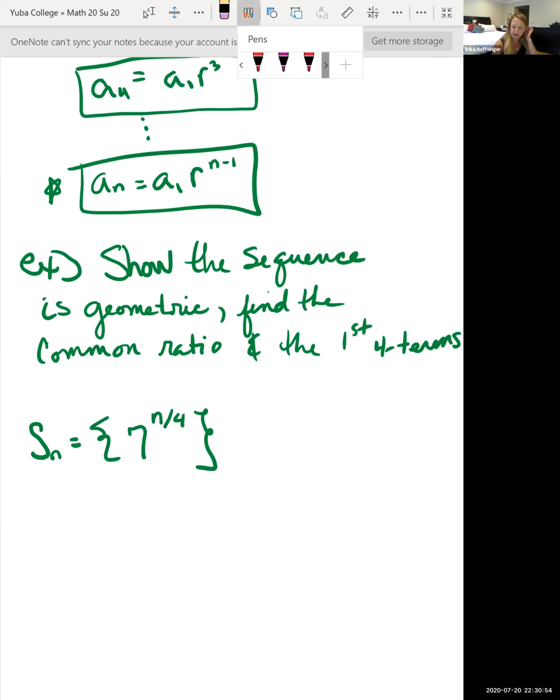Okay, so we want to look at what it means, again, to be geometric. It's geometric if we divide a term by the term right before it and always get some constant, r. So in our case, this is s sub n over s sub n minus 1.